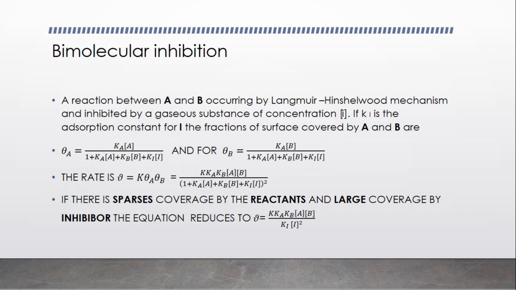Then the rate is given as K into theta A into theta B. If there is sparse coverage by reactants and large coverage by inhibitor, the equation reduces to V equal to K into Ka into Kb into concentration of A and B divided by Ki into concentration of the inhibitor, squared.